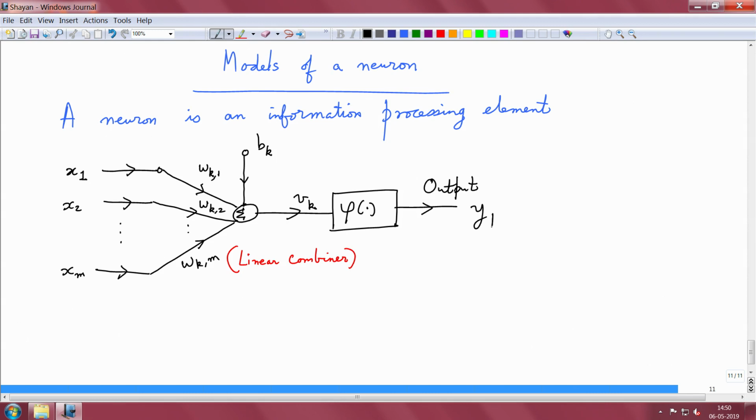I call this yk. So, this is my simplest form of description for a neuron, and one might question here, why should I have a linear combiner here, can I not have some other non-linearity, etc. This is a model to start with.